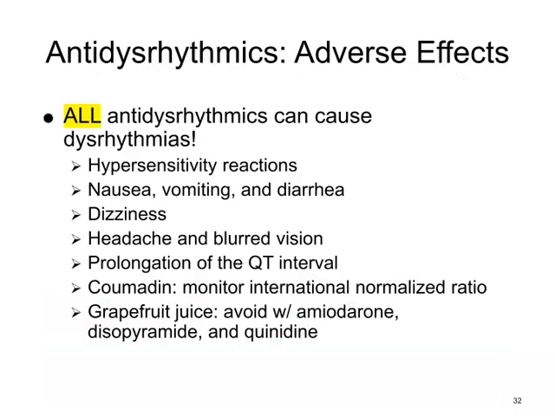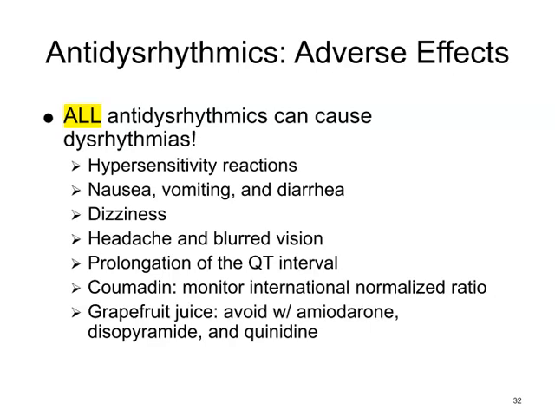All right, so let's get into some of the nitty-gritty about our antidysrhythmics. A reminder that all antidysrhythmics can cause dysrhythmias. You may start with one dysrhythmia, which in retrospect didn't seem so bad, compared to the one that you've created by giving the patient the medication.